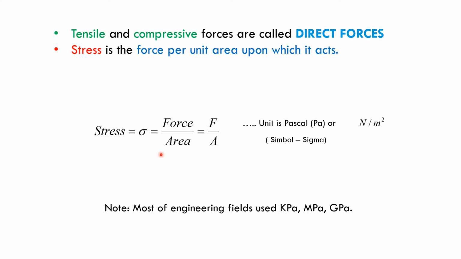This is the cross-sectional area of the body that we put the force on, and then the unit for this stress is Pascal, okay. So usually we use the kilopascal, megapascal, and gigapascal, okay. So this is the unit, Newton per meter squared.